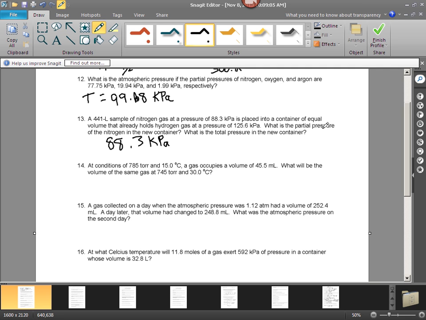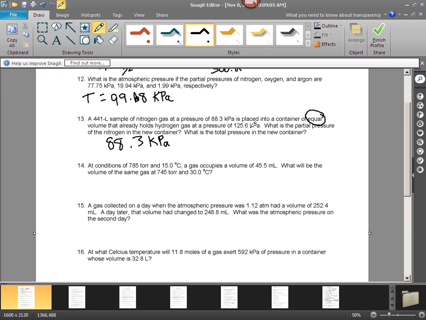So that's the answer for the first part. What is the partial pressure of the nitrogen? It's still this. Same as what it came in with. Again, why are we making that assumption? Because the size of the container is equivalent. They're saying it's equal. So at the same volume, it'll still have that same amount of pressure. And then what's the total pressure? You literally now can add them together.